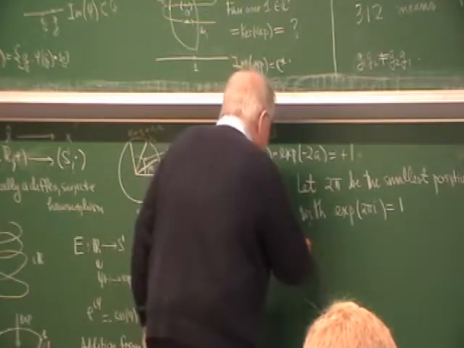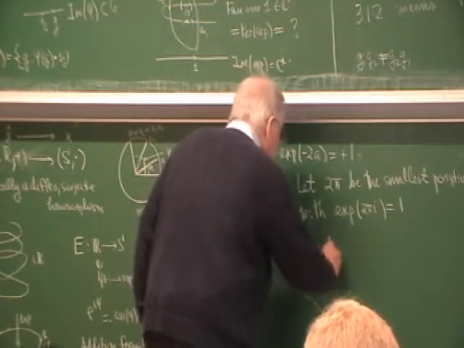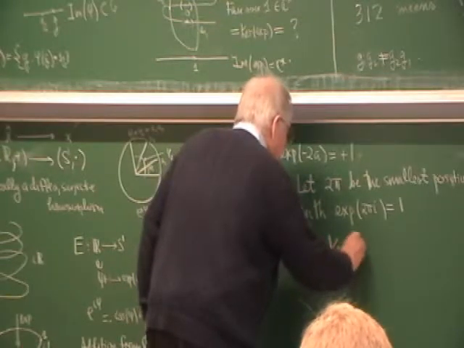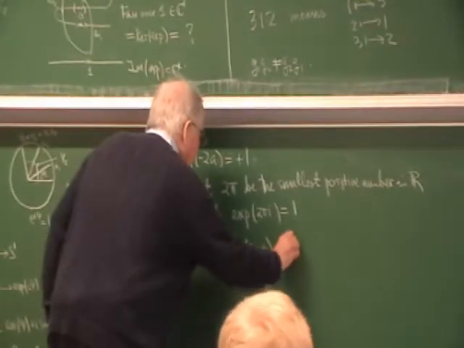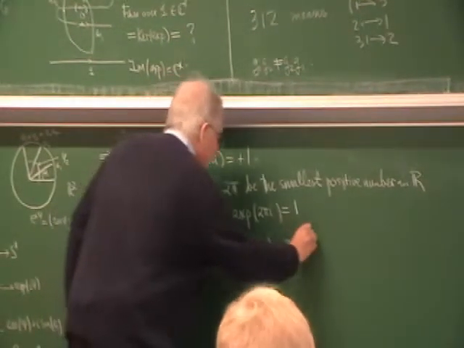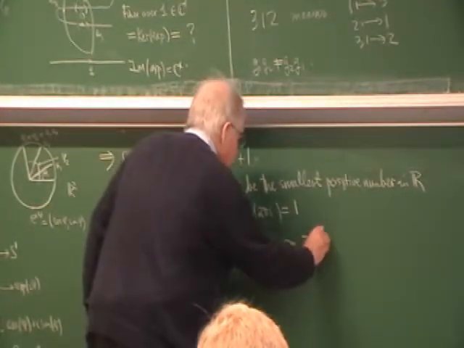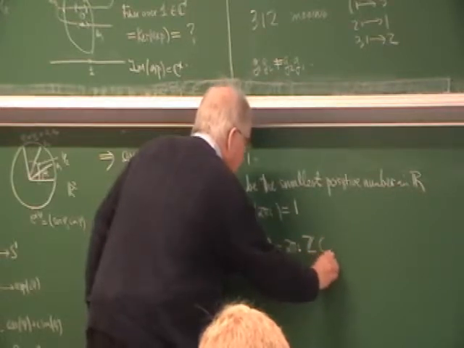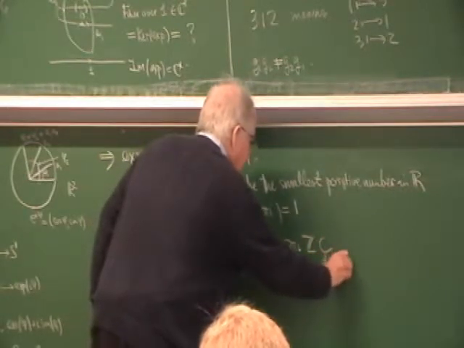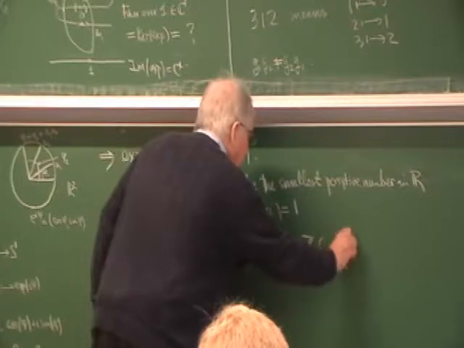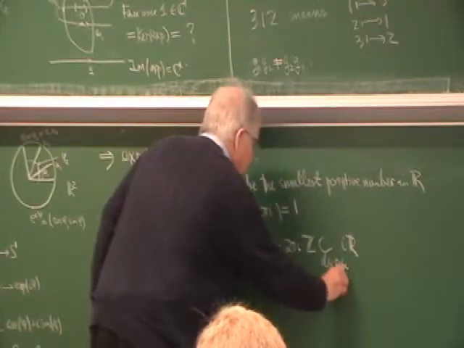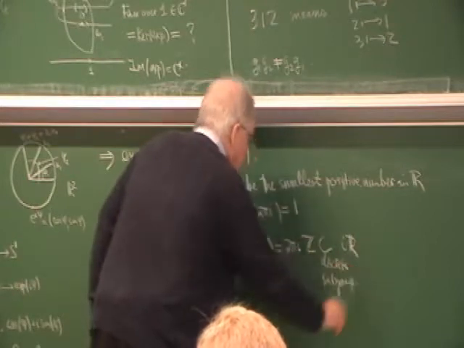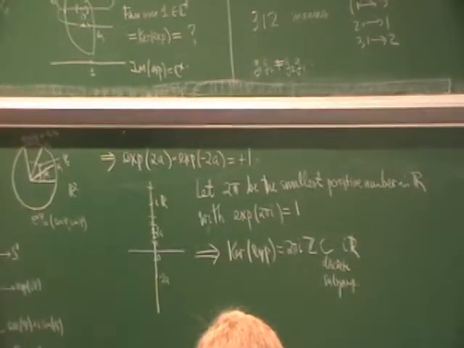So this implies then that the kernel of x is 2 pi i Z contained as a discrete subset in iR. And it's a discrete subgroup. It's a group, obviously, and it's a discrete subgroup.